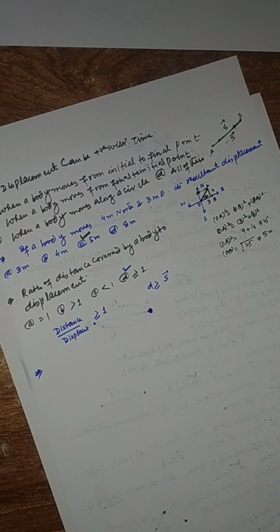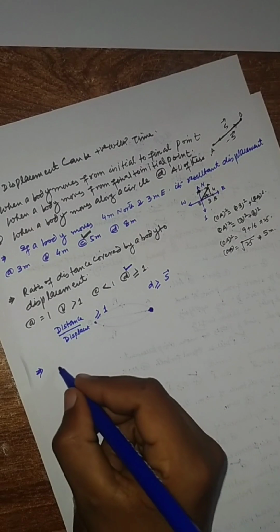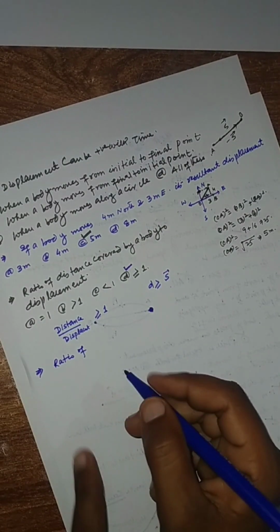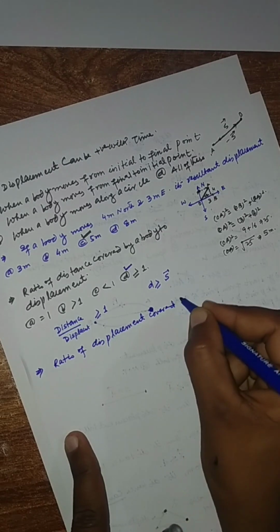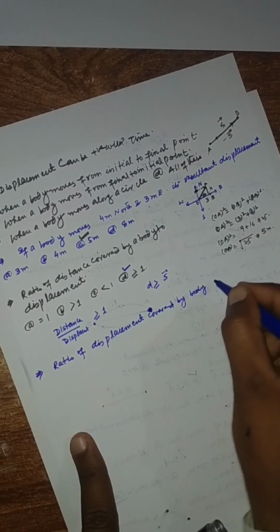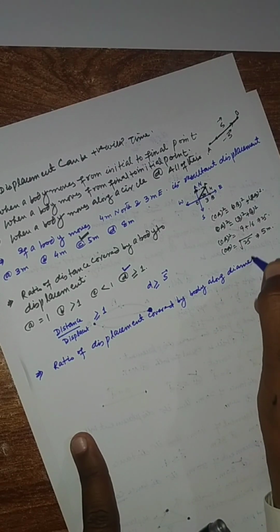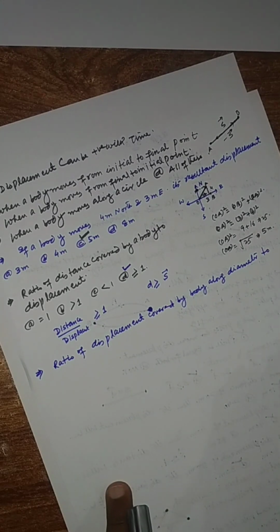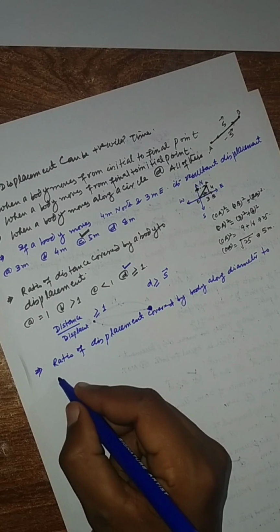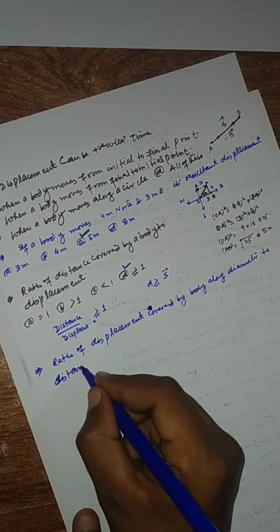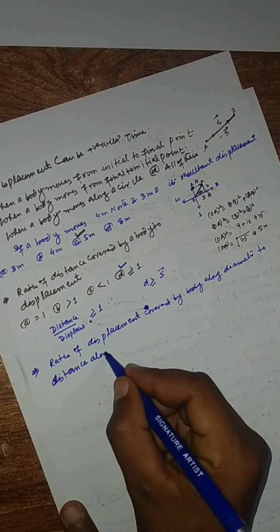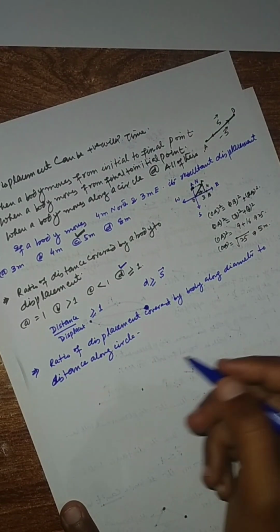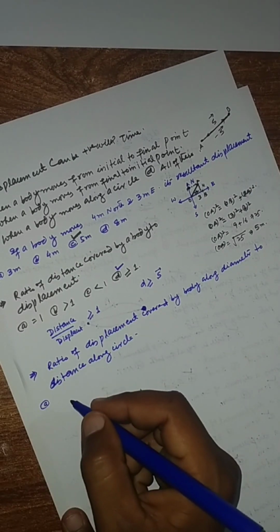Okay, if we take another one: the ratio of displacement covered by a body along the diameter to the distance along the circle, or along the circumference of the circle.